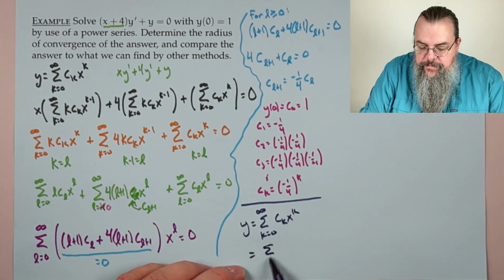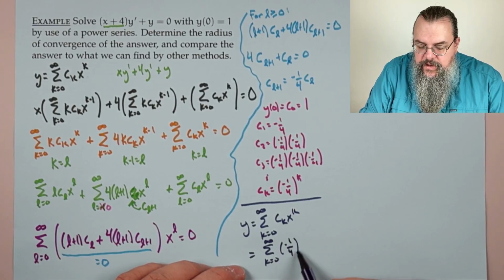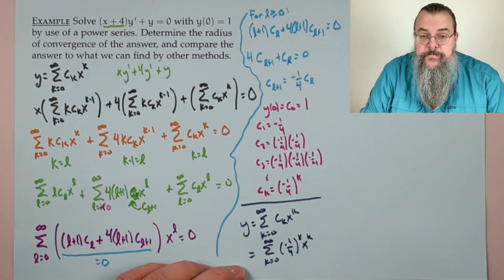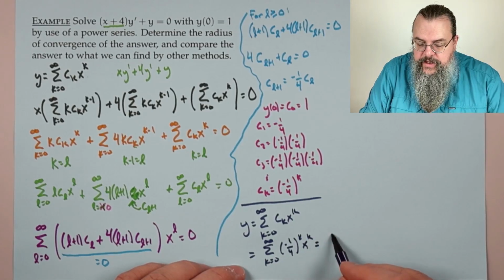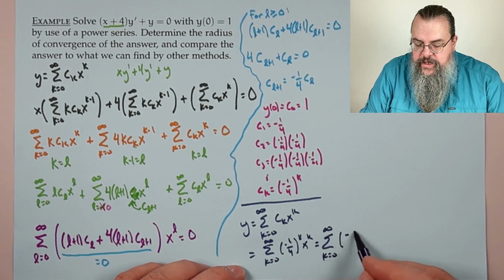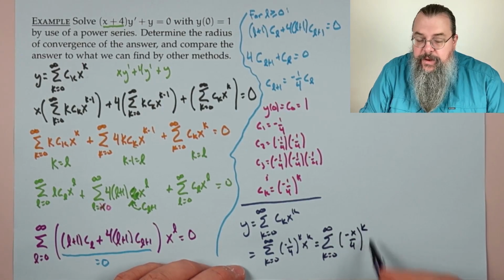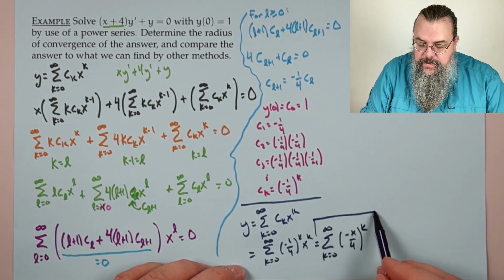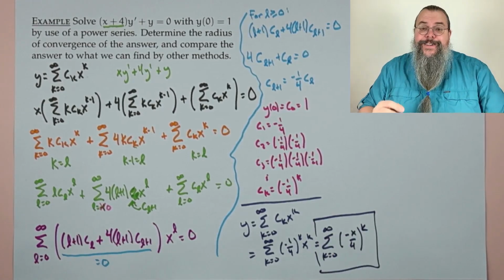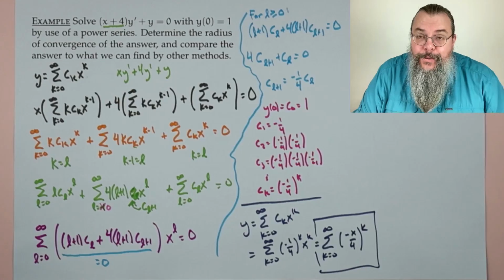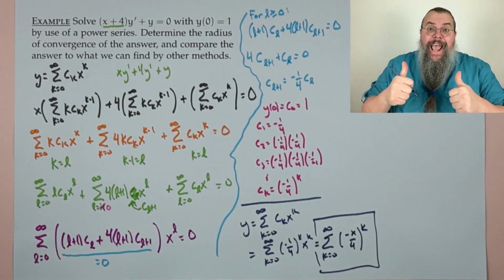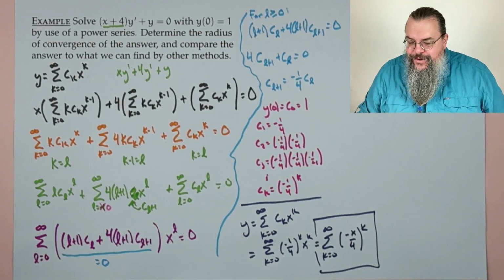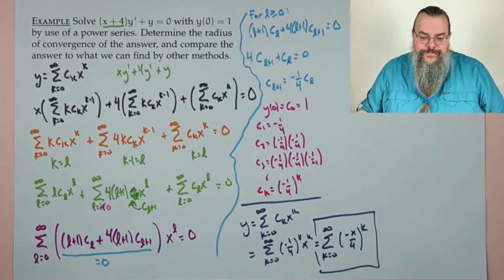Well, that's the sum, k equals 0 to infinity, of minus 1/4 to the k, x to the k, which we can write as the sum k equals 0 to infinity of minus x over 4 to the power k. And there we go. There's our answer. We found it. All right. Cool.